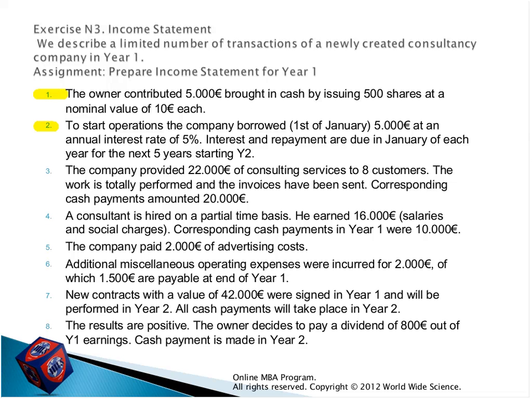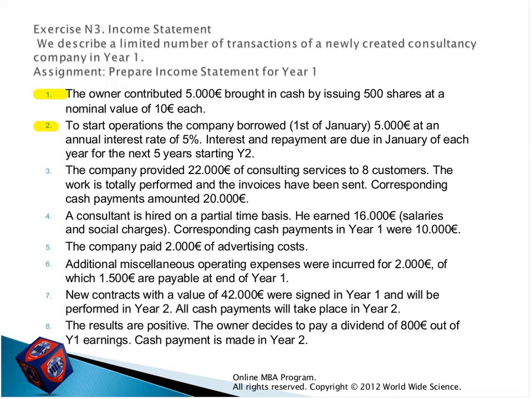To start the operation, the company borrowed 5,000 euro at an annual interest rate of 5%. The interest and repayment are due in January of each year for the next 5 years, starting in year 2. Here it says that the owner borrowed 5,000 euro, and must pay the interest rate of 5%, right?